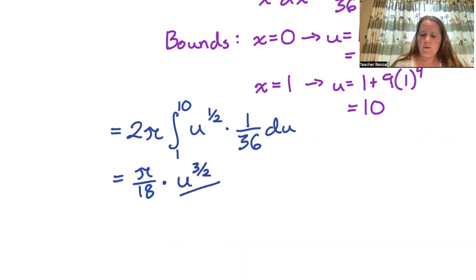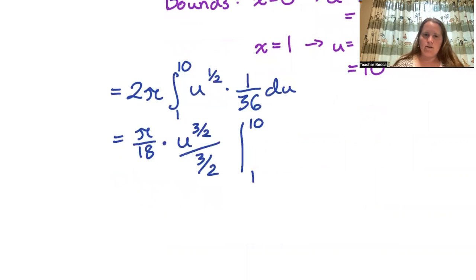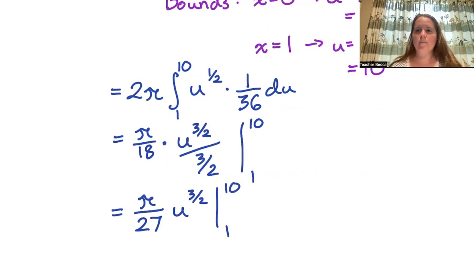And then we would divide by 3/2. And we're evaluating at 1 and 10. So if we do a little simplification, this becomes pi over 18 times 2/3, or pi over 27 u to the 3/2, evaluated at 1 and 10.